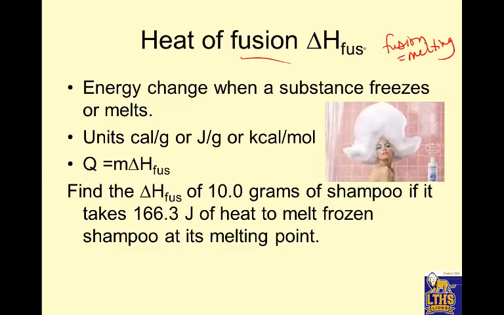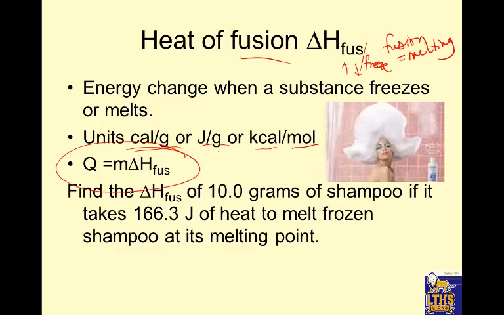If you're freezing it, fusing or freezing, it's the same amount of energy. The difference is if it's melting, the heat's going in. If it's freezing, the heat's going out. Calories per gram are the units. If you want to use kilocalories and moles, you can change these grams to moles.